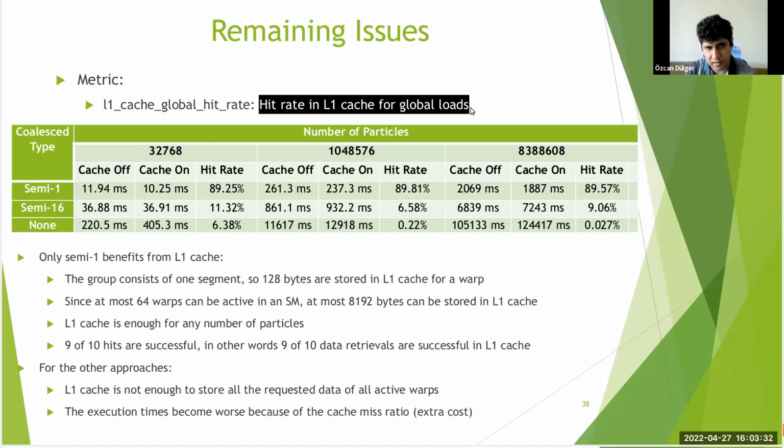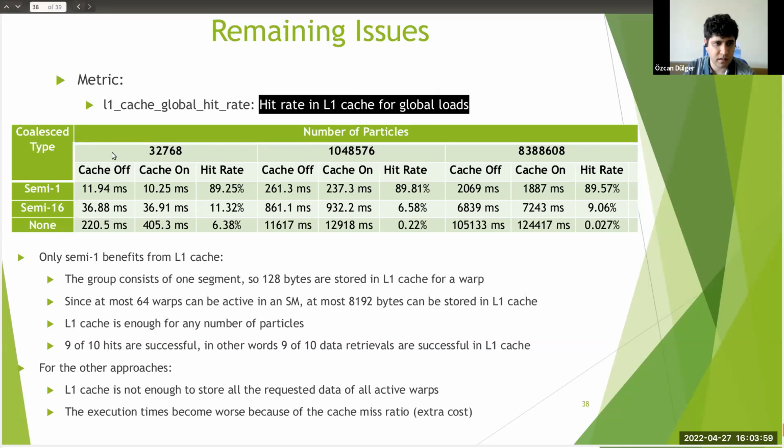If you cannot find it, that is not a hit. So, for example, if the hit rate is 90, that means 9 of 10 data requests will be successful, 9 of the 10 data retrievals are successful.